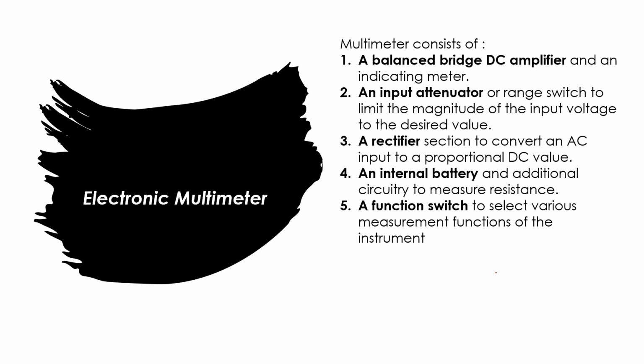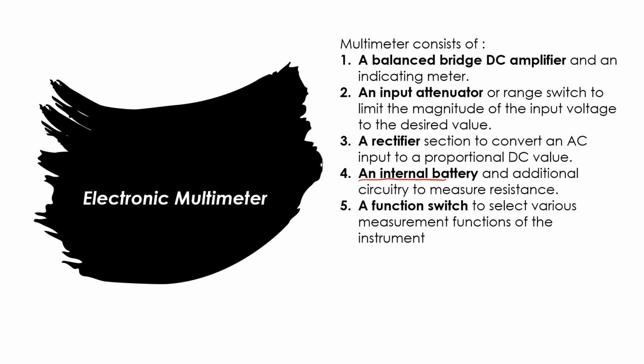And then the third is the rectifier section to convert an AC input to a proportional DC value. In the electronic multimeter, we also have an internal battery and additional circuits to measure resistance. And we have the function switch to select the various measurement functions of the instrument.